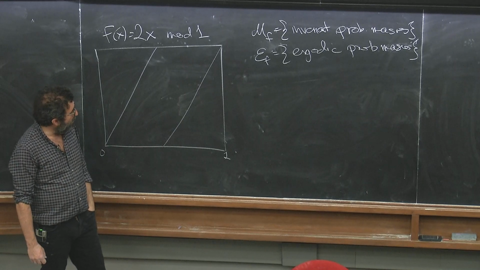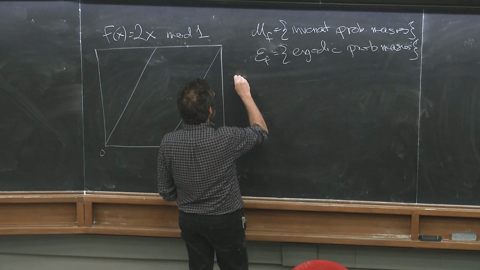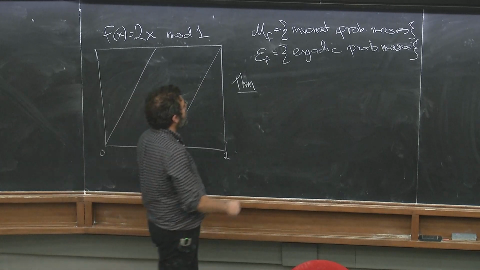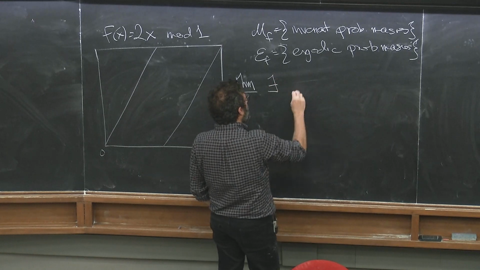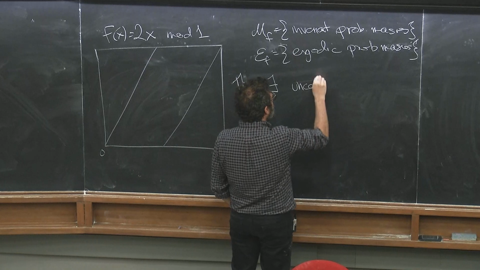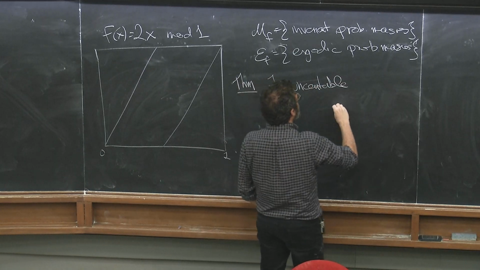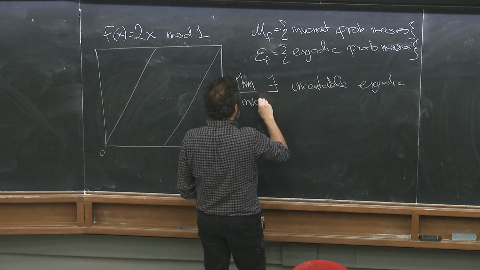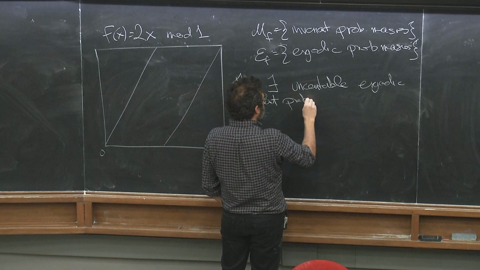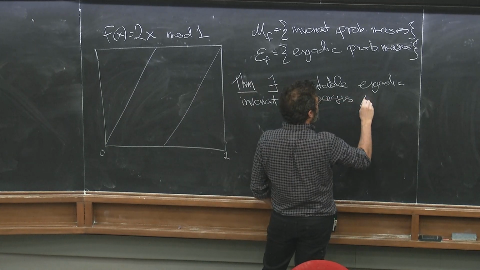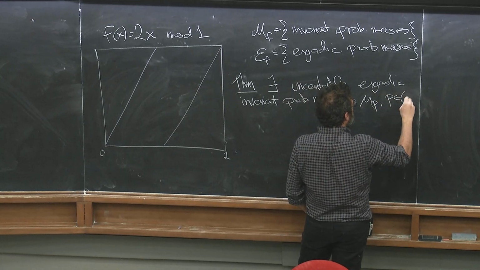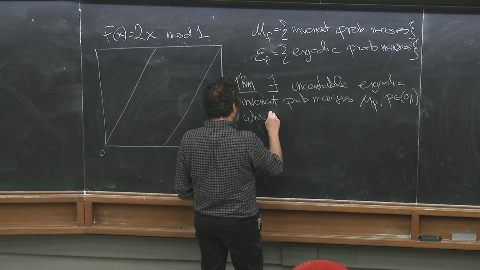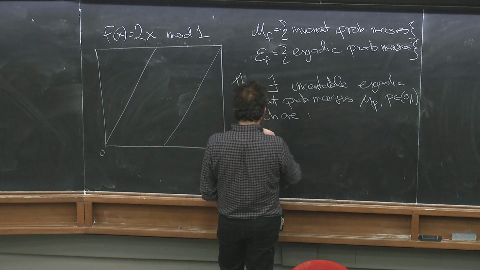What I would like to prove today is that there exist many other measures, and in fact we will show that there exists an uncountable family of ergodic invariant probability measures mu_p, where p is in, let's say, (0,1), which are non-atomic.